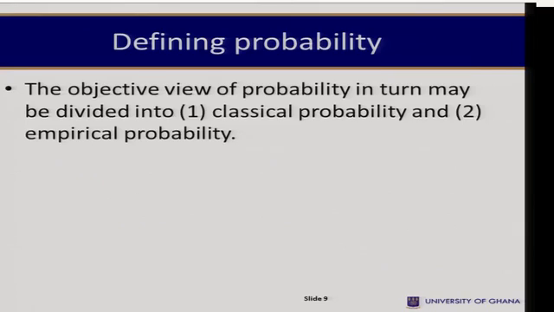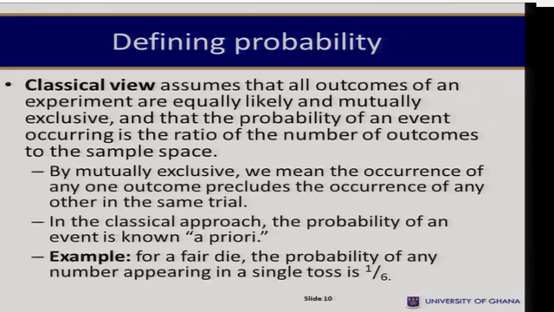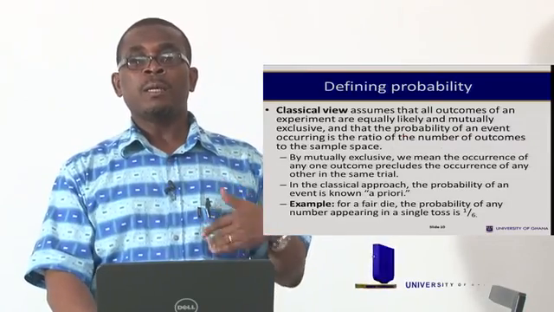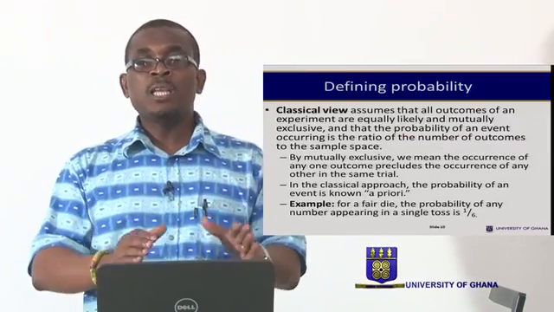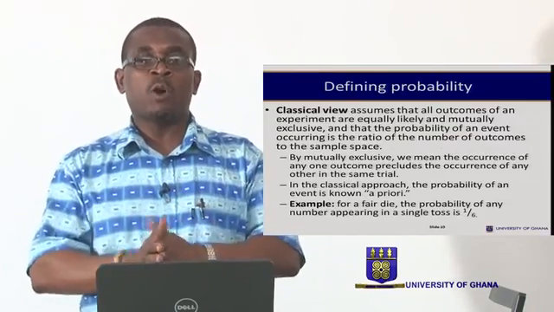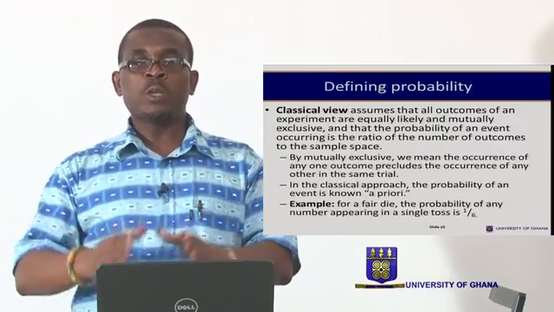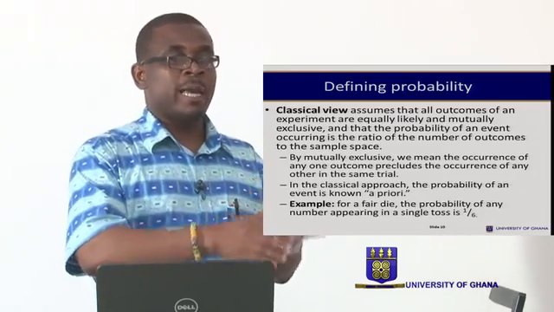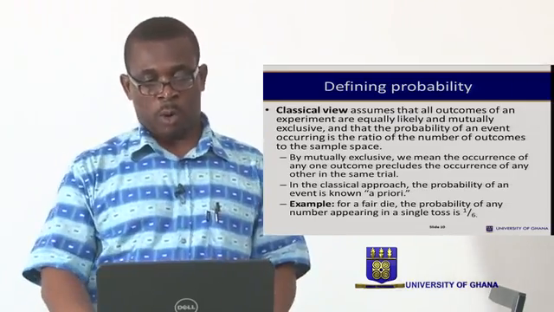Now, the objective view is divided into two: the classical view and then the empirical approach. The classical view assumes that all outcomes of an experiment are equally likely and mutually exclusive. By equally likely, we're saying that each outcome has an equal chance of occurring, and by mutually exclusive, we mean that if one outcome occurs, the other cannot occur.